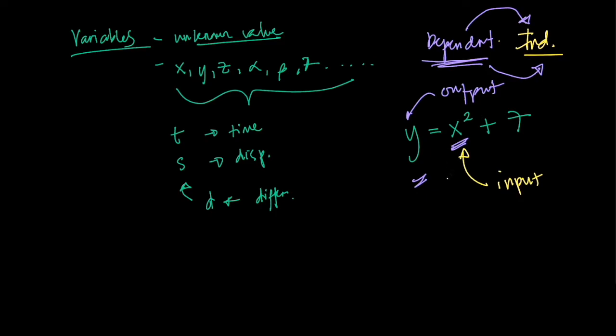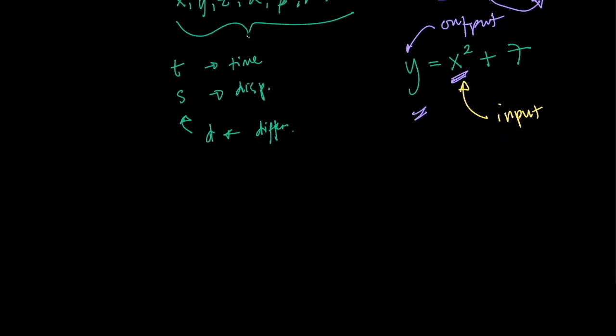Take note that selecting the correct dependent and independent variable will be very important, since interchanging the two may result in an equation that does not represent a function. So remember, not all equations are functions.